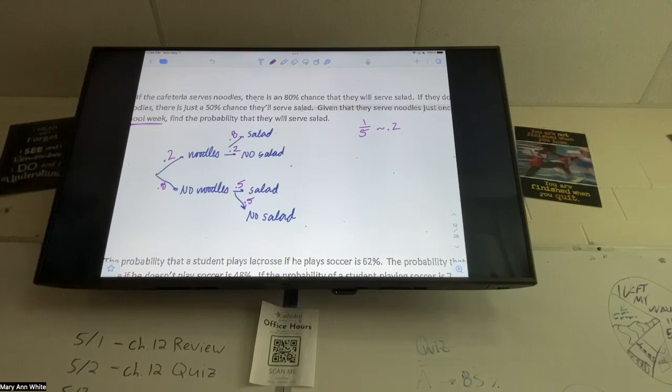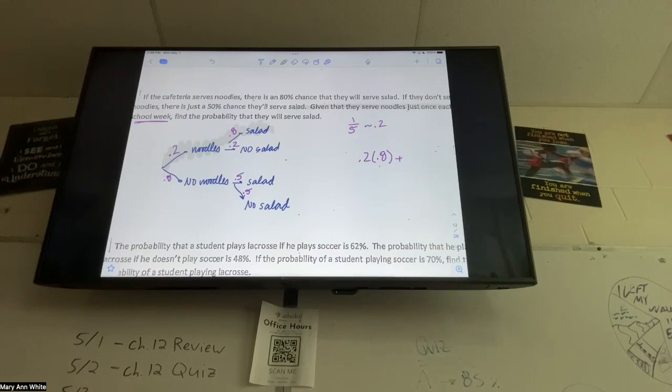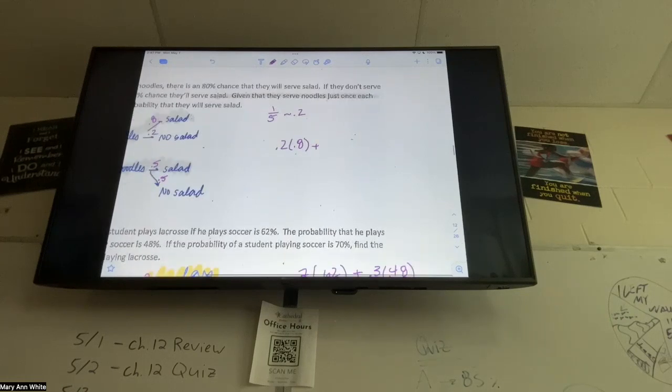Everyone okay with building my probability tree? Now we just follow the lines, and we're going to end up with salad each time. So we'll say yes noodles and yes salad. So I'm going to say 0.2 times 0.8. And then we'll also say plus, because we're okay with another situation, which is no noodles, but yes salad. So 0.8 times 0.5.